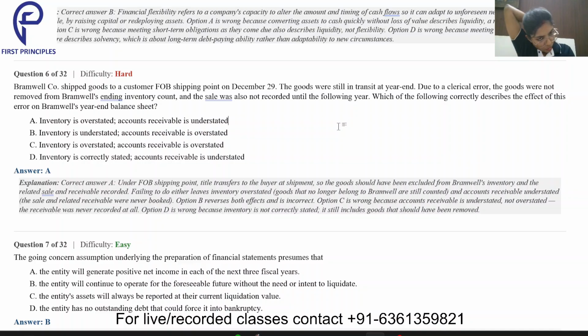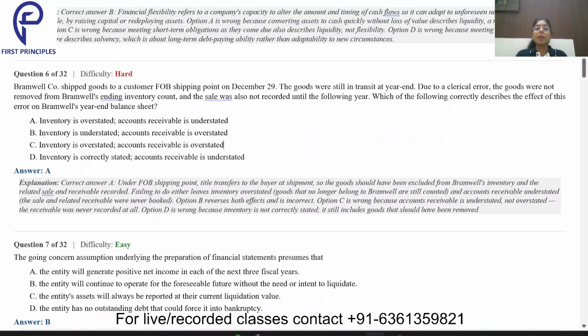Which of the following correctly describes the effect of this error on Bramwell's year-end balance sheet? First of all, inventory should have been removed, but we did not remove it. So inventory is overstated, right? So the answer will be option A or option C.